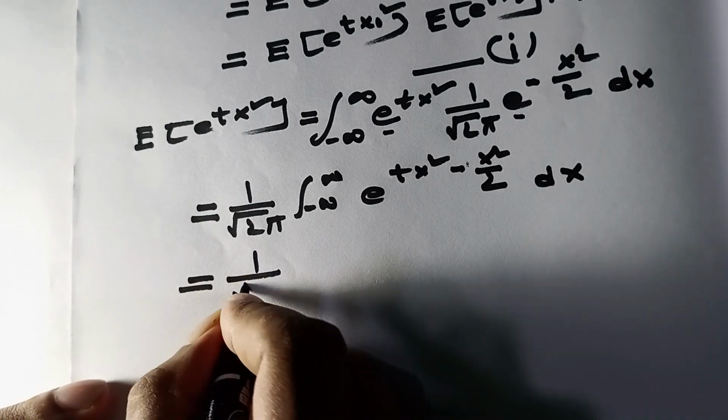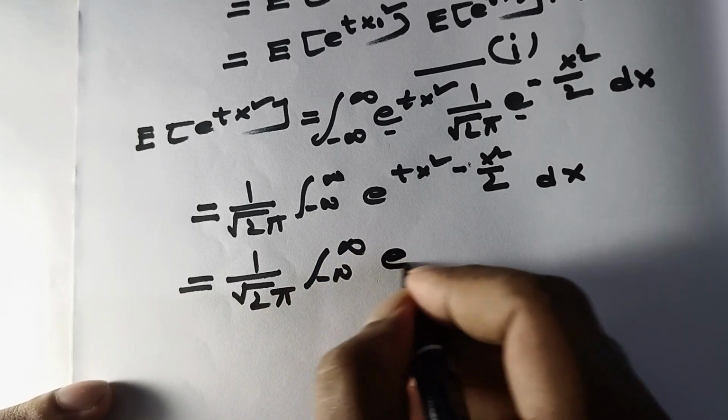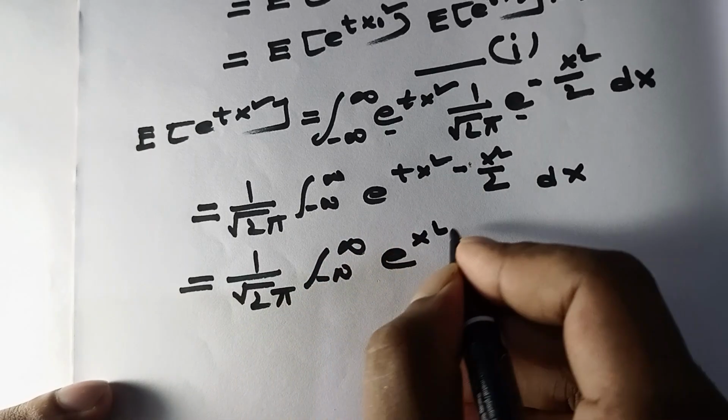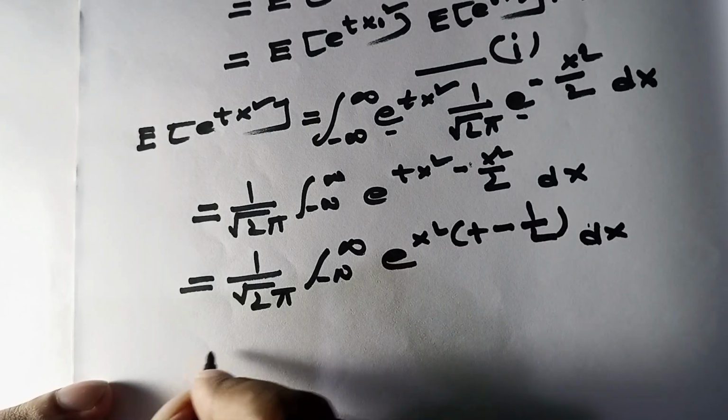Next, 1 by root 2 pi, integral minus infinity to infinity. If I take x squared common, I get t minus half, dx.